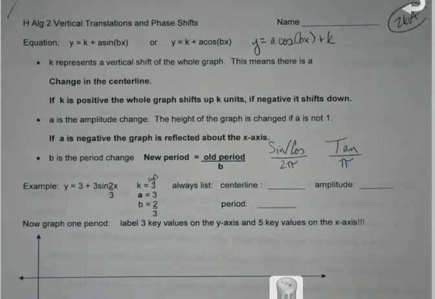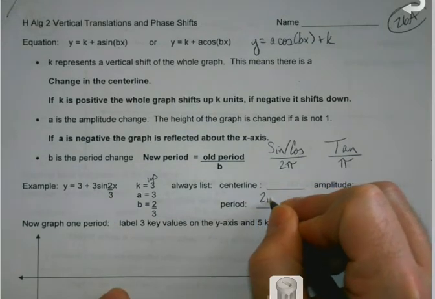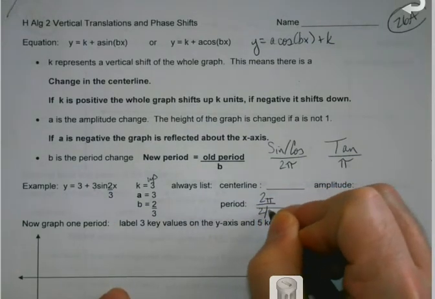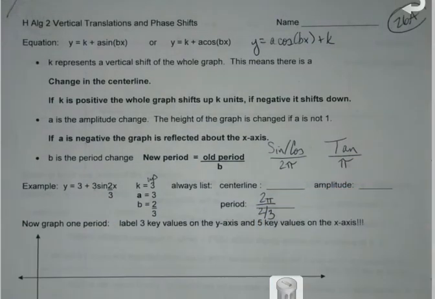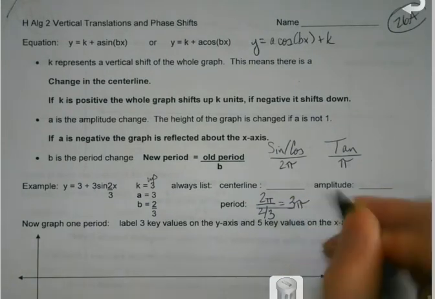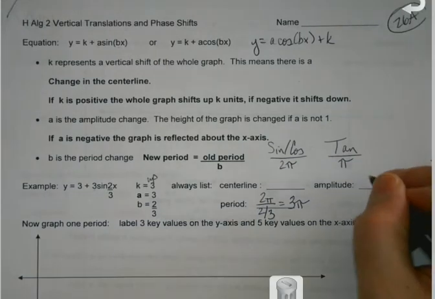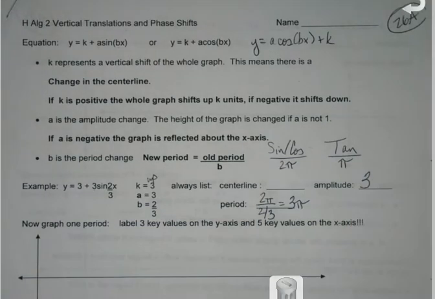And my period, since we're working with sine, would be 2 pi divided by 2/3, which means we'll go through one complete cycle in 3 pi. So we've got our amplitude. We'll talk about the center line in a minute once we get some things graphed. I want you to be able to take a peek at these, and then we'll get that in here too.